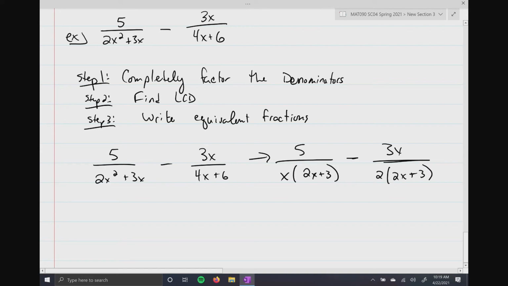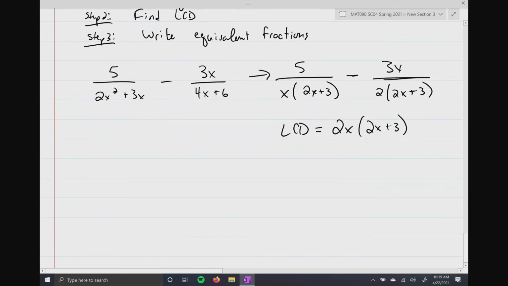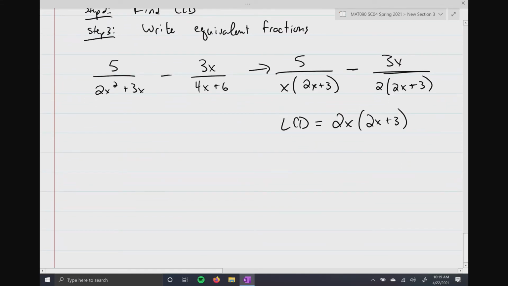Oh, that's lovely. So if you notice, both fractions contain a 2x plus 3. The first fraction has an x. The second fraction has a 2. So I know my LCD is going to be 2 times x times 2x plus 3. Does that make sense, everyone?